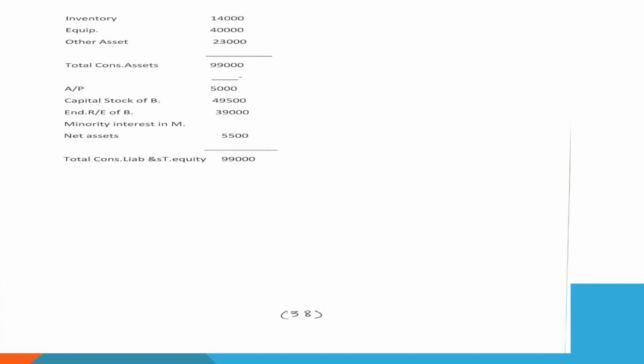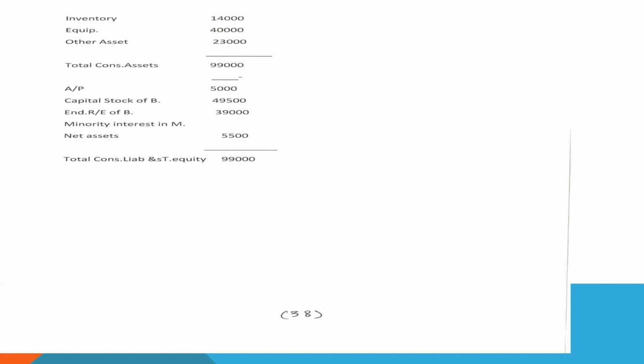Okay, let's go to the balance sheet. For the balance sheet from the last column, you're going to take the consolidated cash 14,000, AR 8,000, and inventory 14,000. All of this is consolidated from the last column, and equipment 40,000, and other assets 23,000.